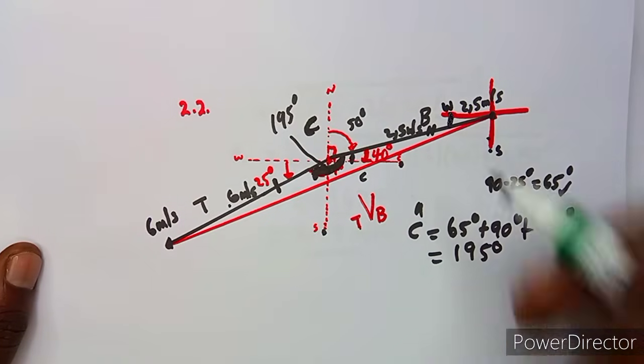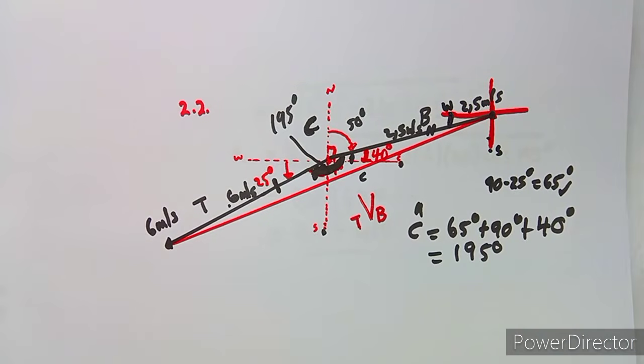But as we can see, we can't determine this angle directly. Do you have any way, guys, to actually determine this angle directly? We do not. So what we are going to do in this case is actually to calculate this angle.